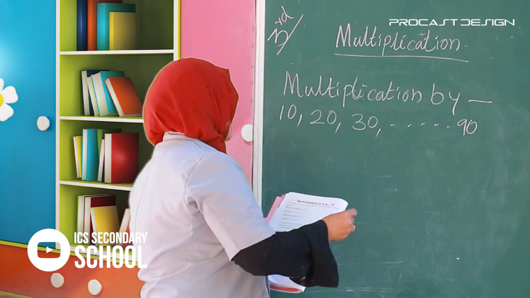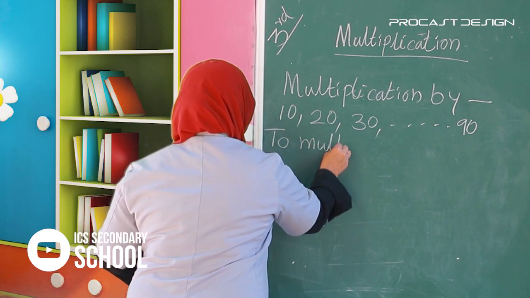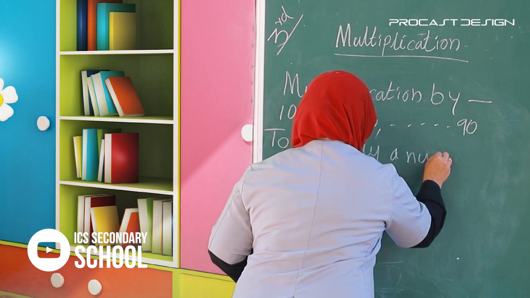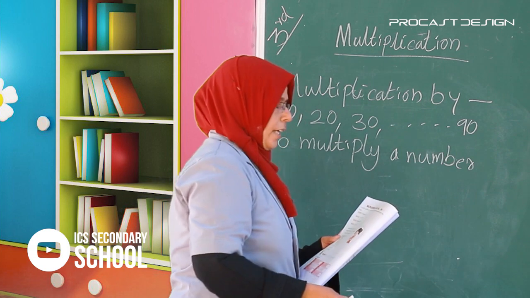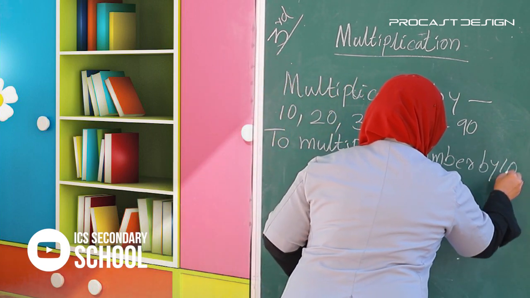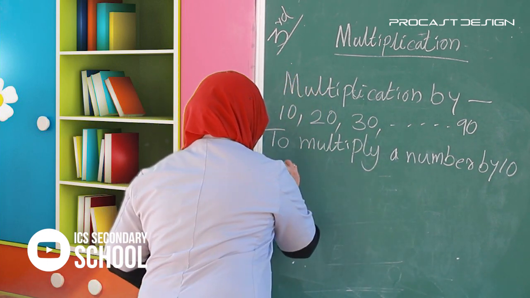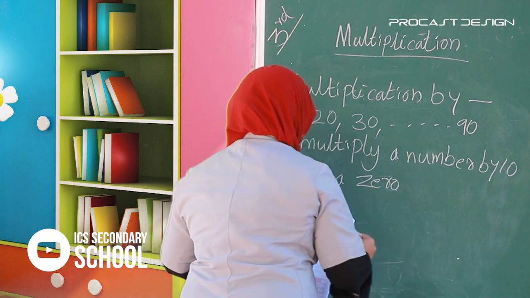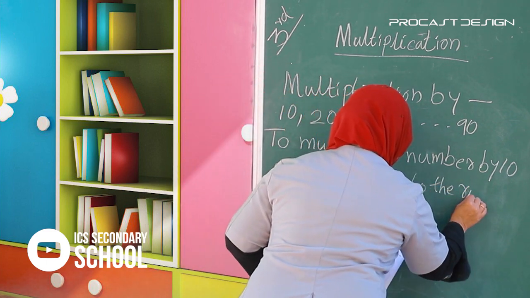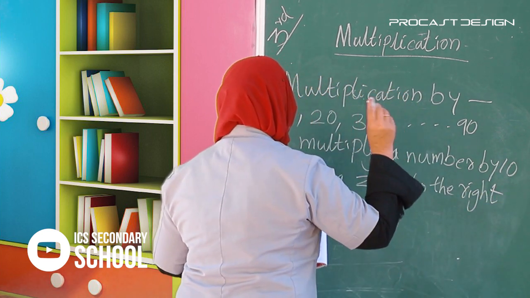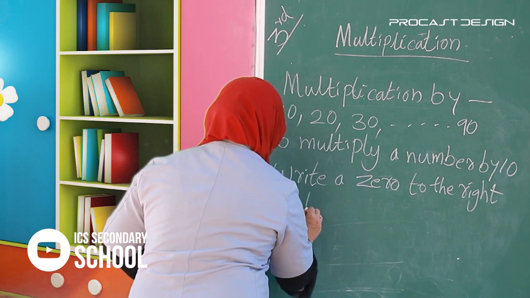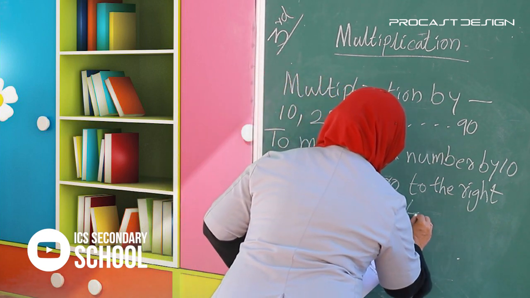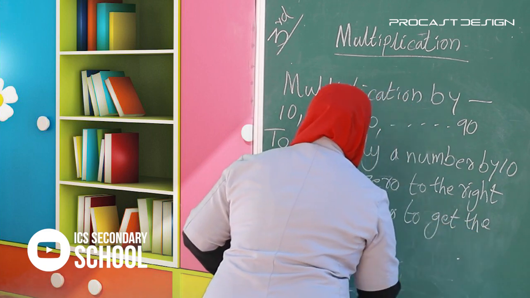Okay. Listen. To multiply a number by 10, write a 0 to the right of the number to get the product.